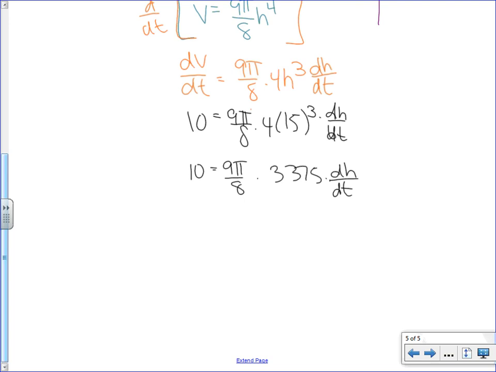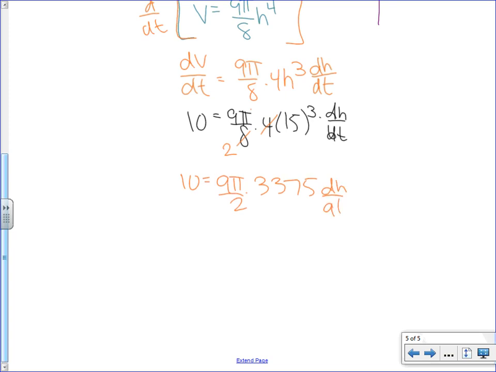So I'm going to multiply both sides by a... Oh, you know what? This is what we're going to do. Before I even multiply, let's cancel that. So then we get 10 is equal to 9 pi over 4 times 225, dh dt. There we go.